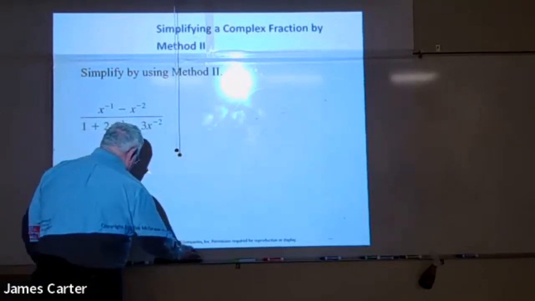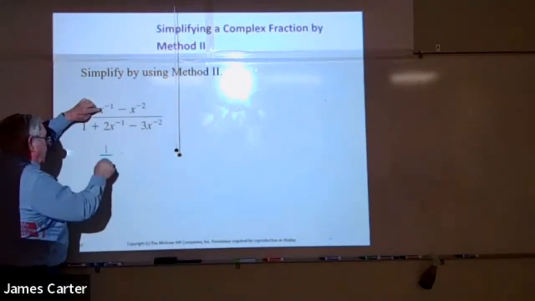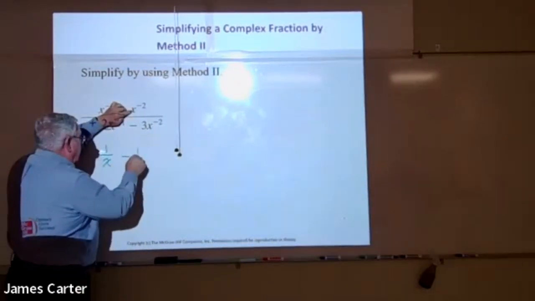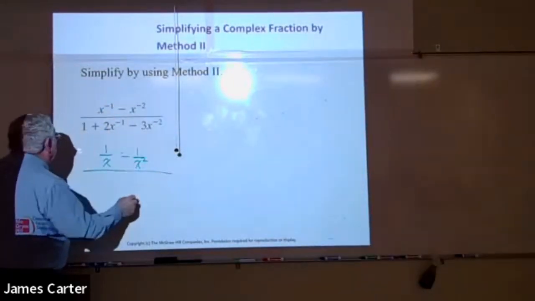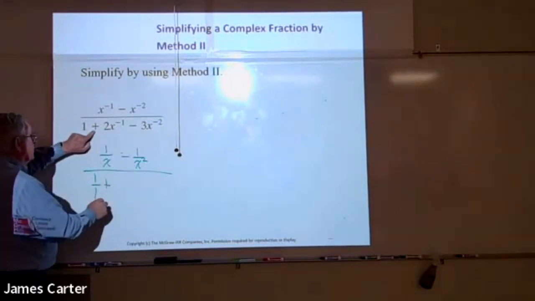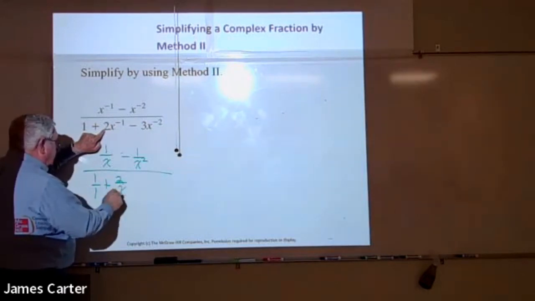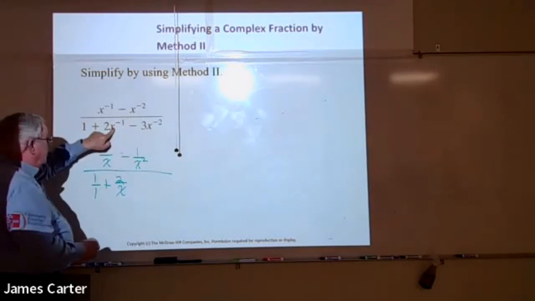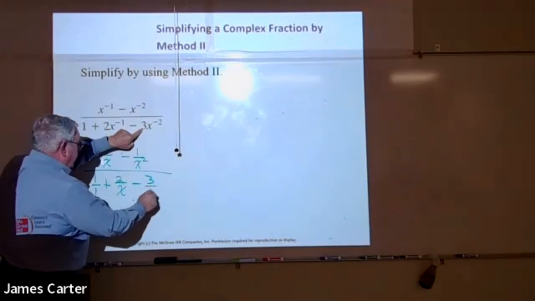So that means that this problem can become 1 over x minus 1 over x squared over 1 over 1 plus 2 over x, because this negative 1 only applies to the x, not the 2, minus 3 over x squared.